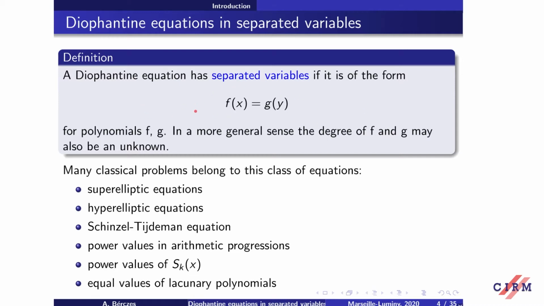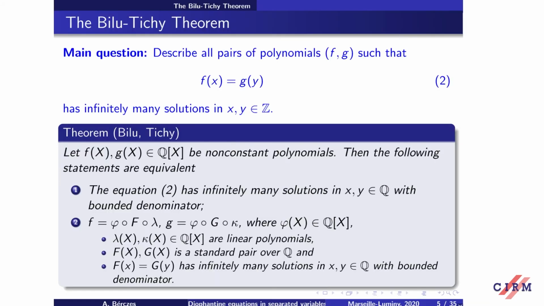In the type of equations with separated variables enter many important special cases, many important classes of Diophantine equations, like superelliptic equations, hyperelliptic equations, the Schinzel-Tijdeman equation, power values in arithmetic progressions, or power values of the sum of k-th powers, equal values of lacunary polynomials, and several other classical and important Diophantine questions.